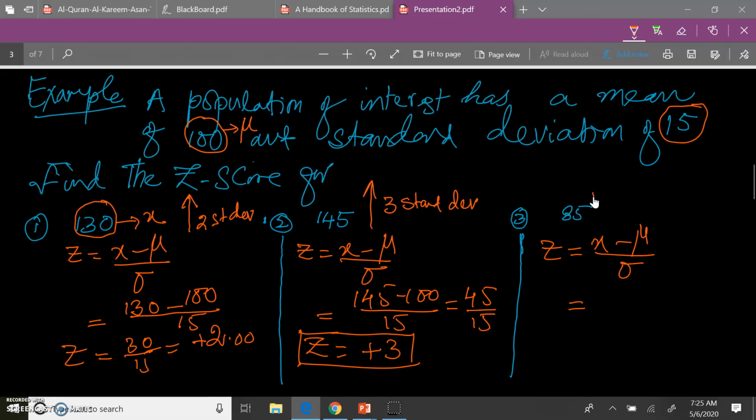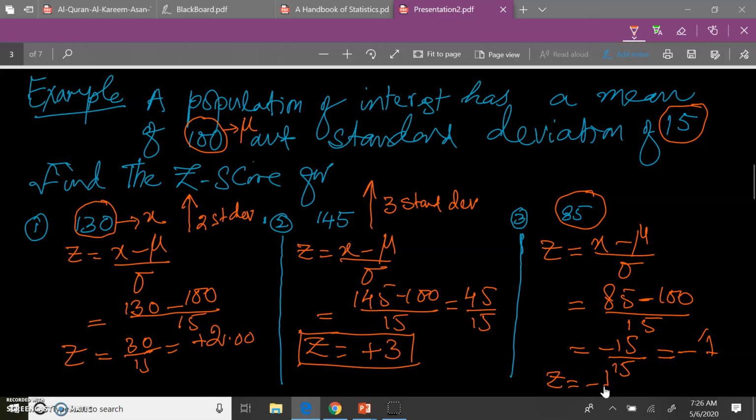Our x value is 85 minus 100, and the rest of the values are the same, divided by 15. This is minus 15 divided by 15, and the answer comes out to be minus 1.